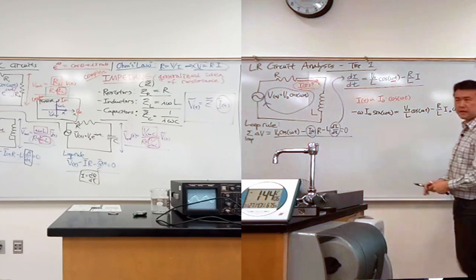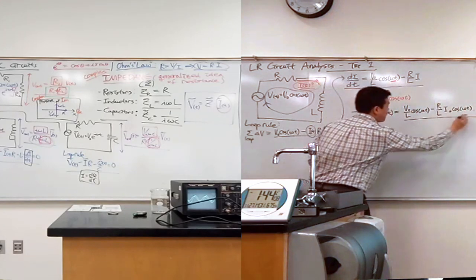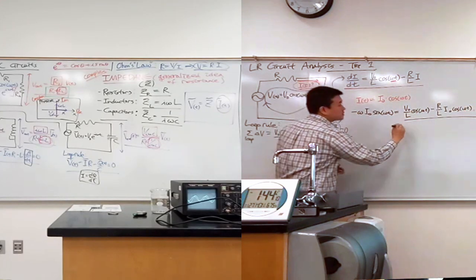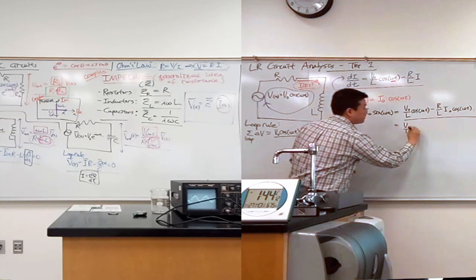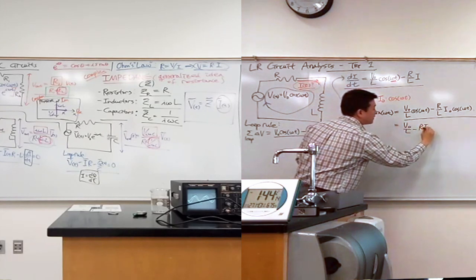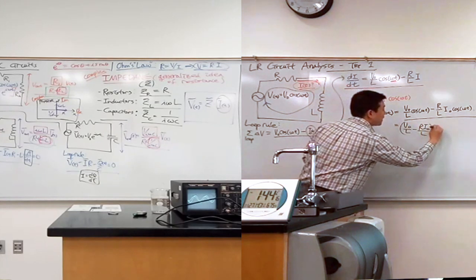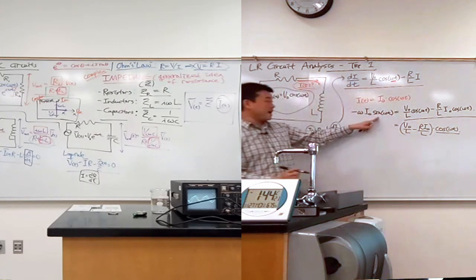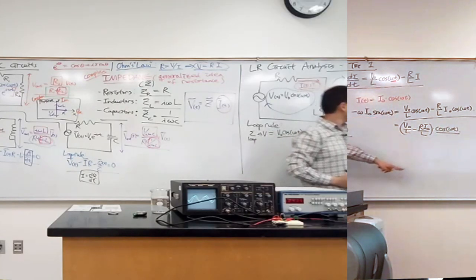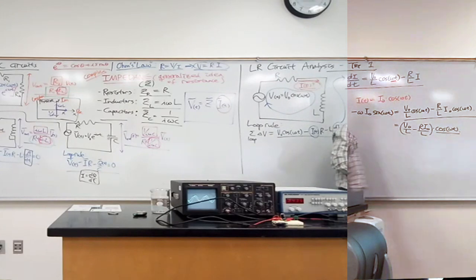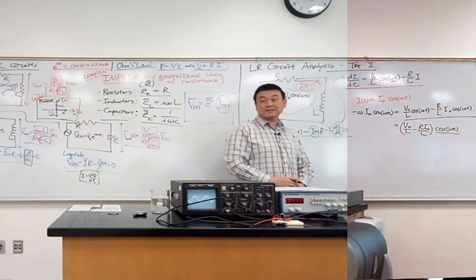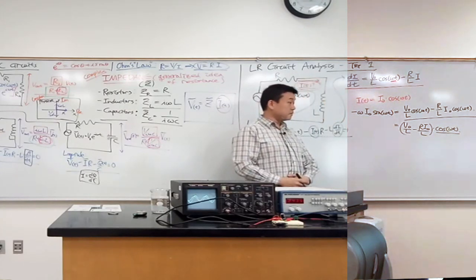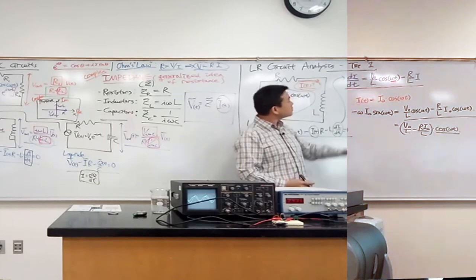That doesn't work. Because when I simplify the right-hand side, it becomes V naught over L minus R I naught over L, times cosine of omega t. I have sine on the left-hand side, cosine on the right-hand side. Sine and cosine don't cancel. They are not the same function. So, all right, that won't work.